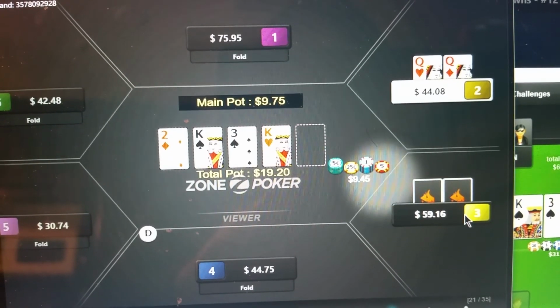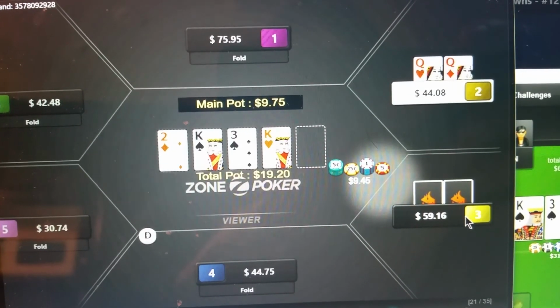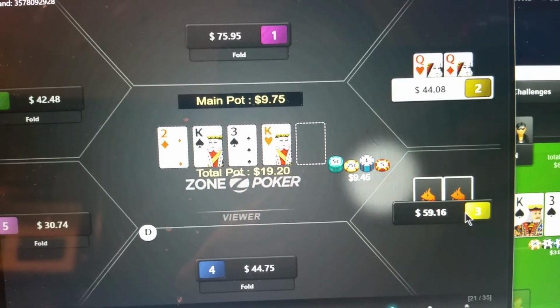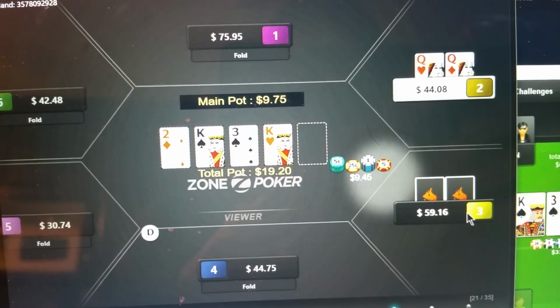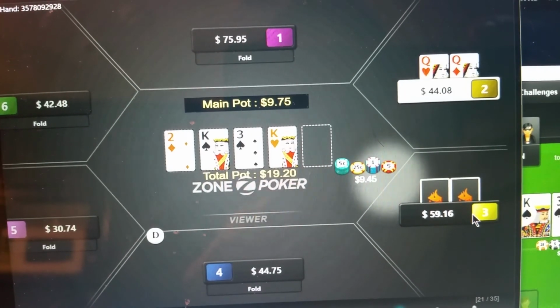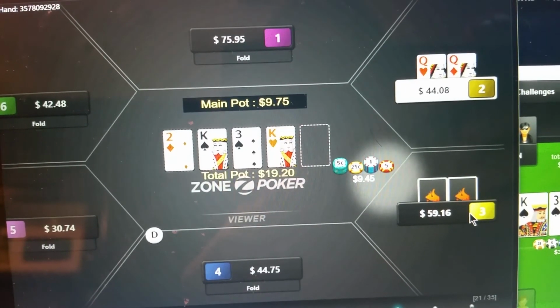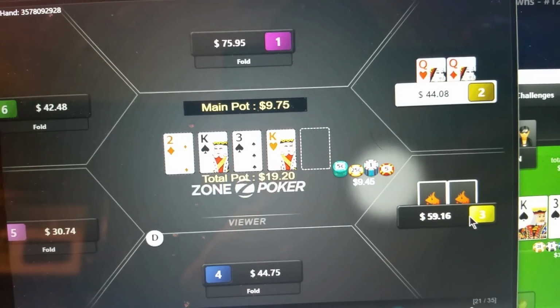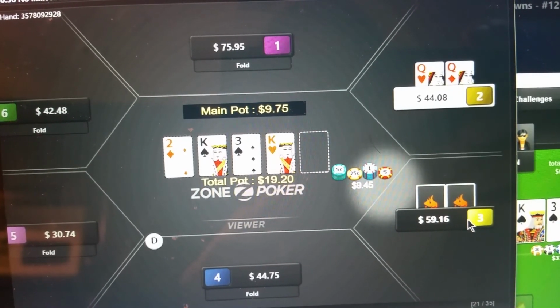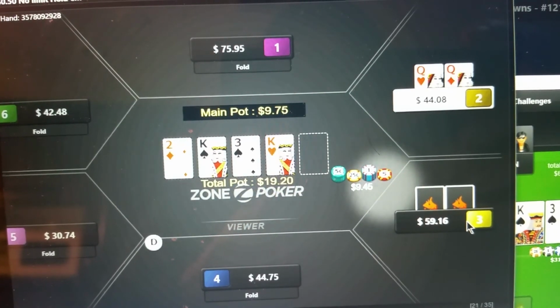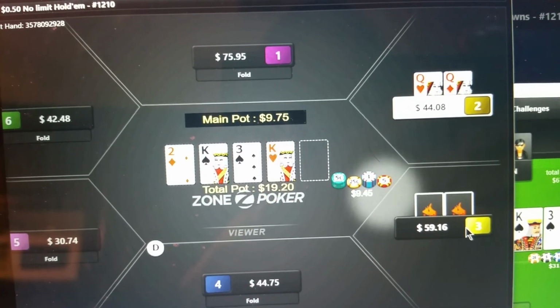It's a very narrow range: ace king, king queen, king jack, possibly suited. If it's suited, then there's only 2 combos of king jack. So that's very few.